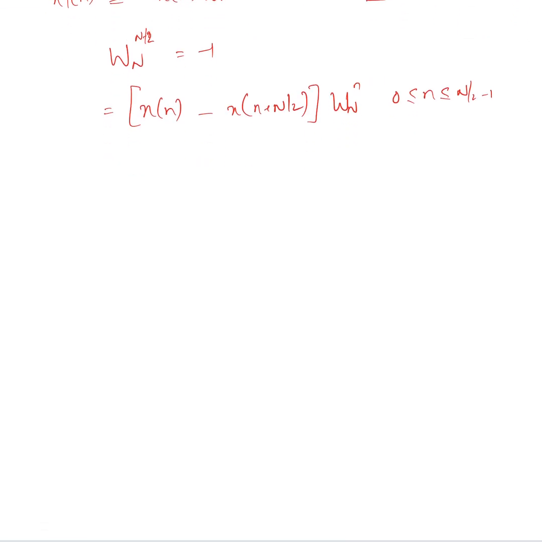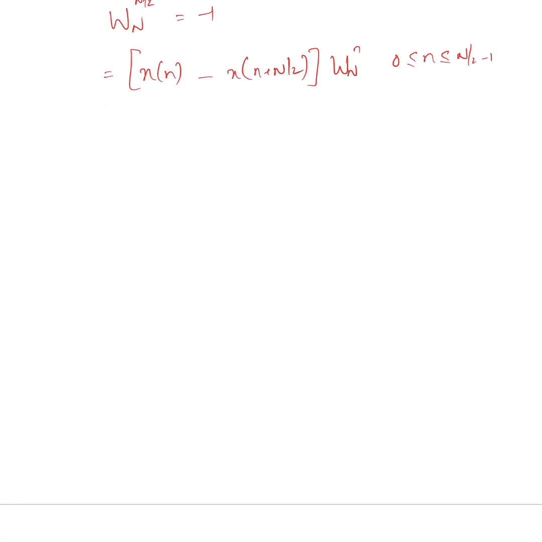so writing the Fourier transforms, it would be X naught of k is equal to the sum from 0 to n by 2 minus 1 of x of n plus x of n plus n by 2.